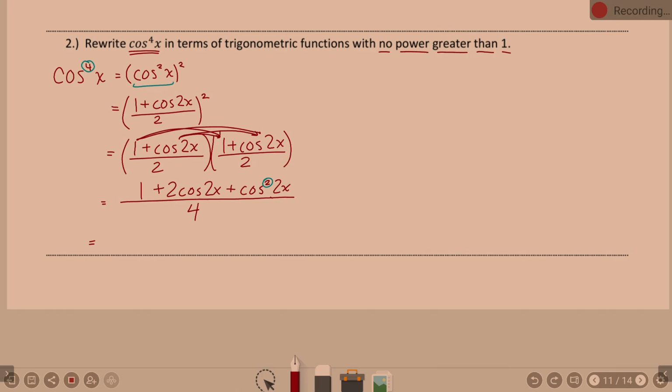So for instance, we have a 1 over 4. Okay, are you with me there? Plus, now in the middle we have 2 cosine 2x divided by 4. If you put that out front with the 2, I'm going to write it as 2/4 cosine 2x. Do you see that? I took this middle term of 2 cosine 2x. It's divided by 4, so that's just taking your coefficient of 2 and dividing by 4.